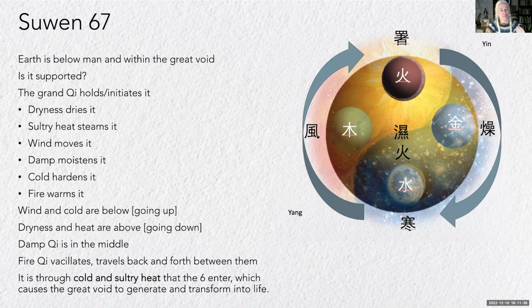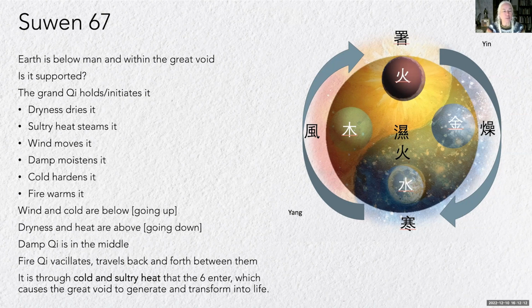And here I want to point out that these 6 chi are physiological. So life is initiated, and it's really saying that these 6 chi are what molds, almost in a way of sculpting life, where dryness dries it and the sultry heat steams it, wind moves it. Wind is sort of that movement of life. Damp moistens it, cold hardens it, and fire warms it.